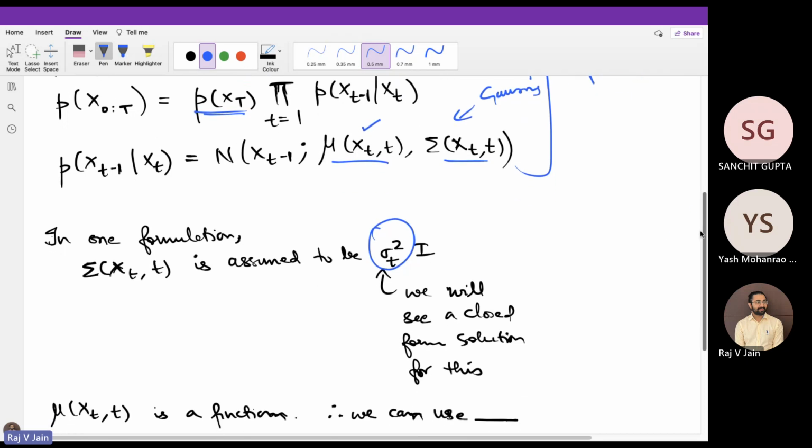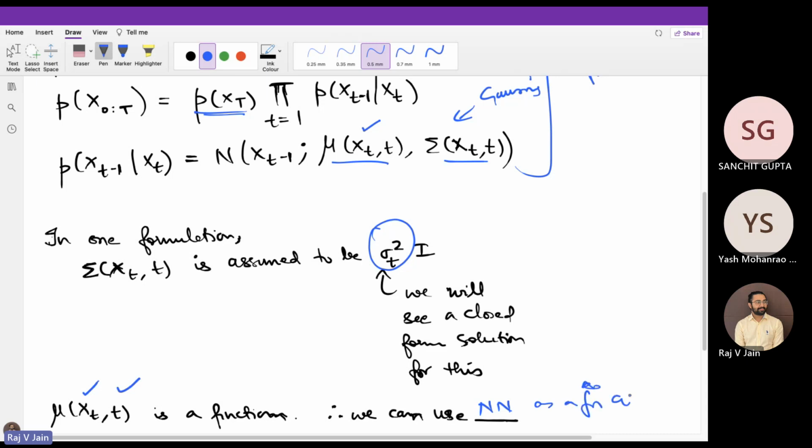So this function basically takes xt and t and gives back some mean of this distribution. Because it's a function, we can use a neural network. That's it, the recurring theme of this whole system. So we can use a neural network as a function approximator.